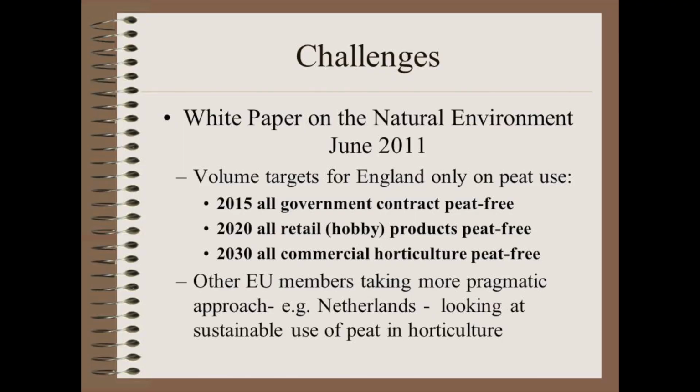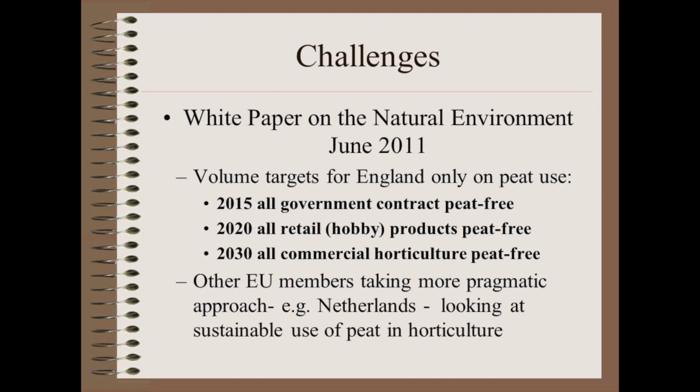So coming on to the old point of the presentation, which is: what are the challenges going forward about substrates? Well, I think these came about because of the white paper issued in 2011, which for the first time actually specified targets. Peat was the only element within the natural paper which actually specified targets, and as you're all aware, there were 3 targets. 2015: all government and local authority purchased plant material needs to be peat free. 2020: the amateur product needs to be peat free.